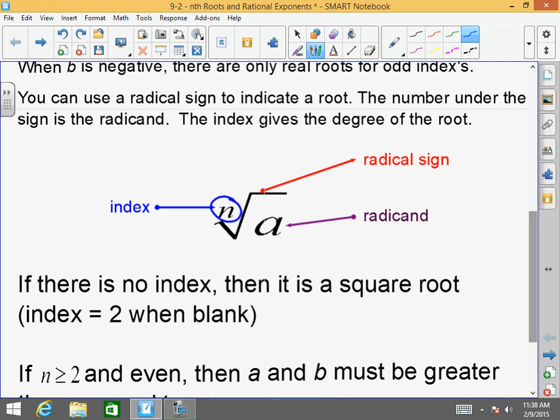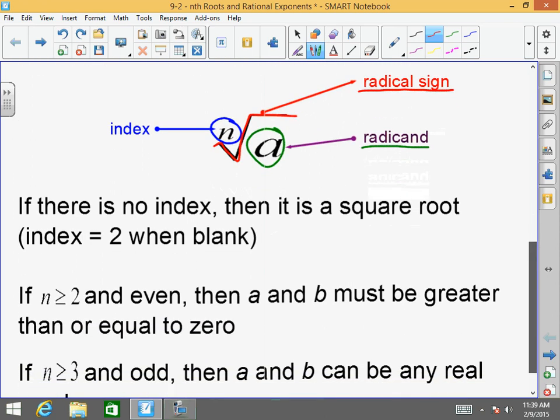This tells you how many times do I have to multiply a number by itself in order to get the inside value, which is called the radicand. And the actual symbol here is called the radical sign. Please remember that if there is no index, then it is a square root. The index equals 2 when it's blank.